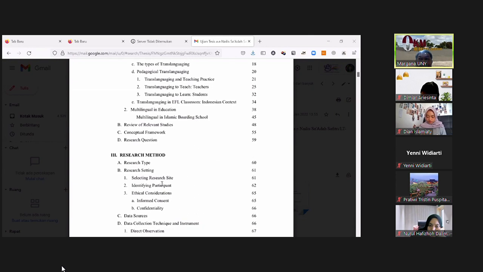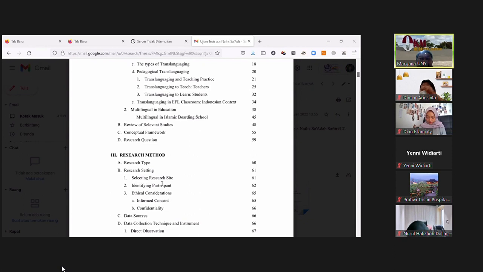The second one is method. M stands for method. So you explore the procedure of the research conducted by the previous researchers with regard to their thesis or their research activity.